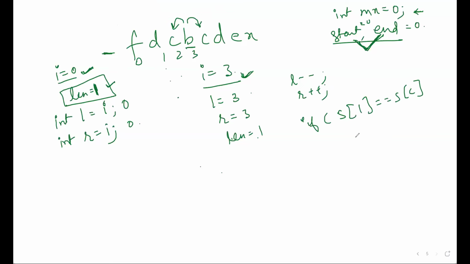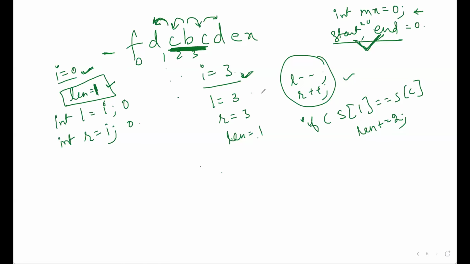So since they are the same, I can consider those two characters. So here your length also needs to be modified to 2. And again, you'll do this l minus minus, r plus plus. Once they are the same, it means you can form a palindrome of length 3 till now. But are you going to stop there? No. You'll keep on going left and right and compare those characters until they are not equal.